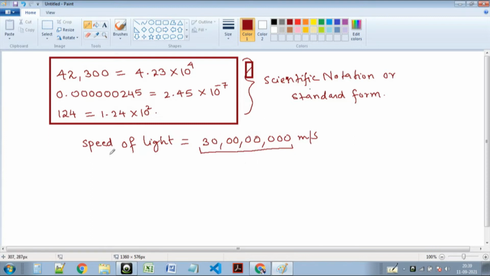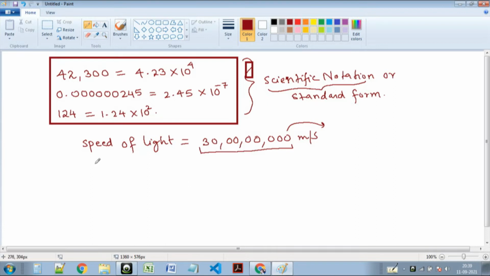It may happen that we have to use the speed of light many times, so it becomes very difficult for us to write such a huge number. So there is another notation through which we can represent the speed of light or any big number. That is known as scientific notation. Scientific notation is very useful in expressing very large or very small numbers, right?